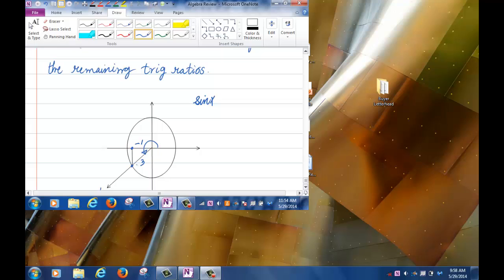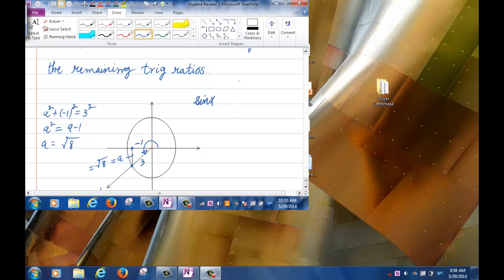So you guys are okay with that? What I'm saying is that this side here, let's call that a. Then a squared plus negative 1 squared is 3 squared. So then what is a? It will be 9 minus 1, so a would be root of 8. So this side is root of 8. Can you write root of 8 as... 8 is 4 times 2, right?